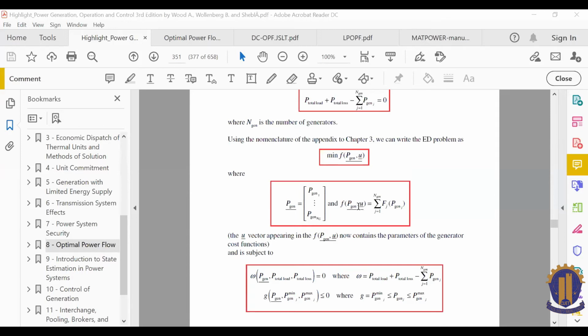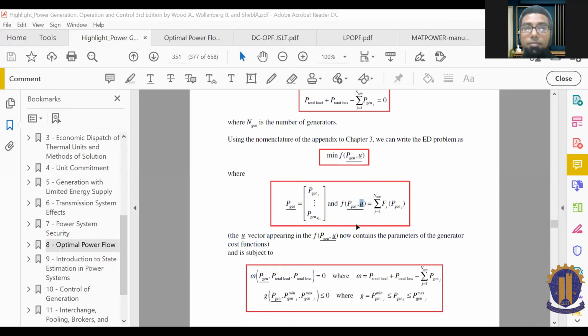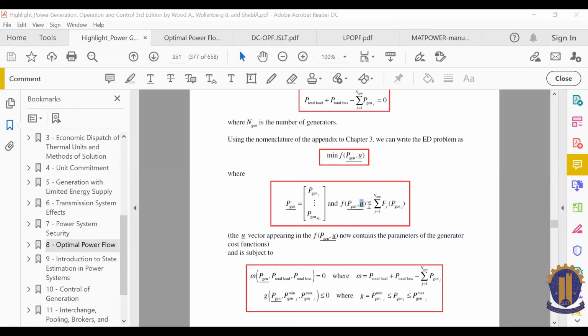So we have considered the 24 hours load. What is the difference between 1 hour average power and the next hour? So some control action is taken to adjust the prime mover input. So there are some control variables initialized here, u, but actually the control variable is implemented to adjust the power. So actually the power Pgen is the output, but we can simultaneously consider the variable u as well.